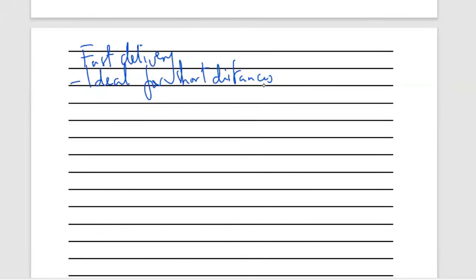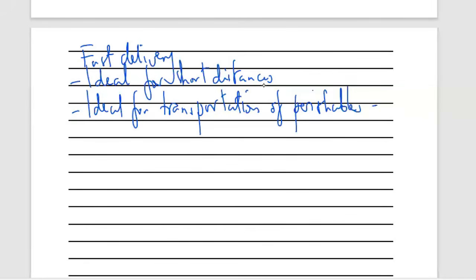Then also, the other advantage is that it is ideal for transportation of perishables, for example, fruit and vegetables.